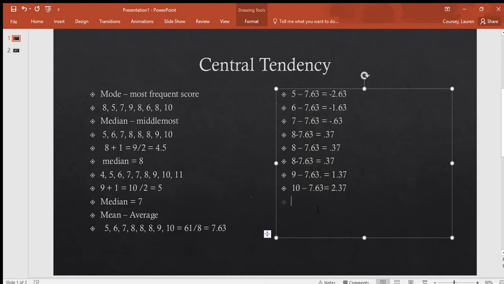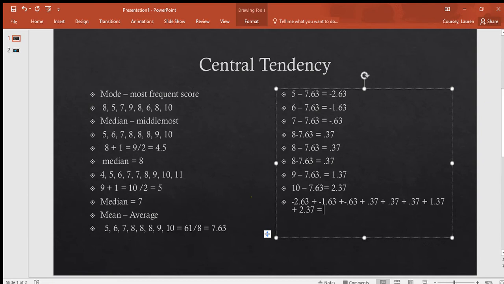What we can then do is take all of these deviation scores and add them together. So negative 2.63 plus negative 1.63 plus negative 0.63, we want to make sure that we get all of them, plus 0.37, plus 0.37, plus 0.37, plus 1.37, and finally plus 2.37.